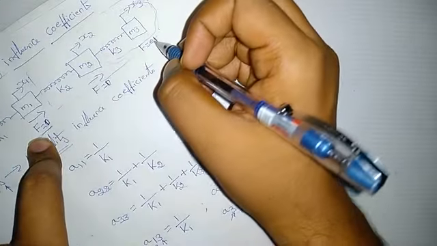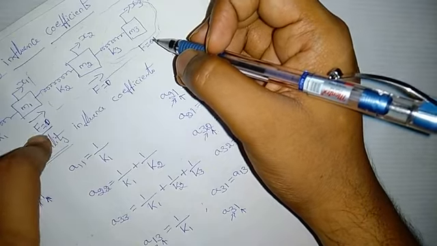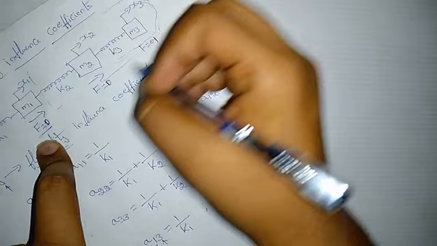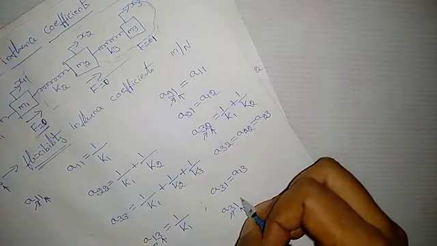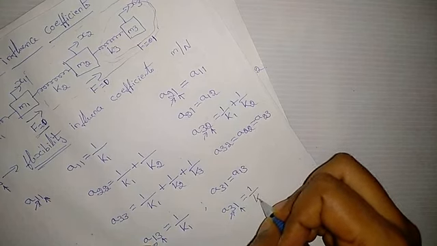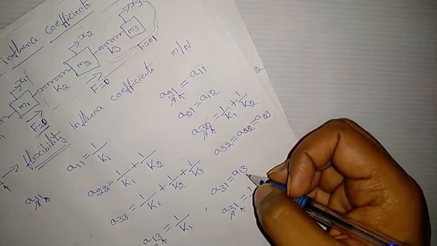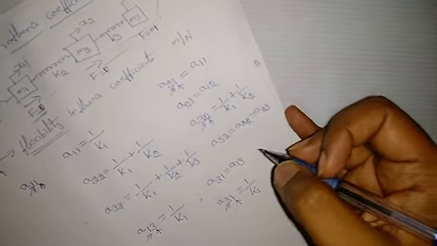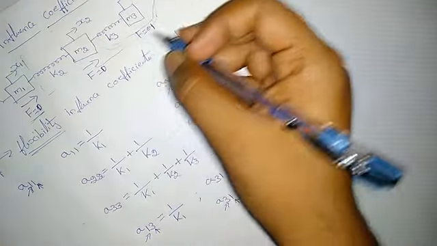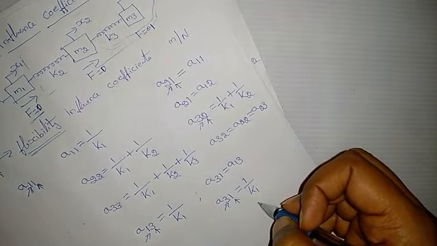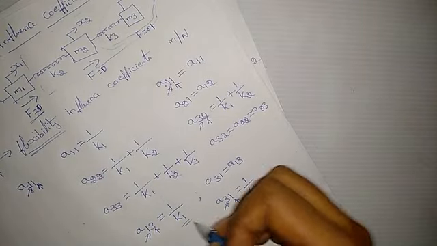The whole thing will be a rigid body motion and only this spring stretches, so it will again be 1 by K1. Either you can write by the Maxwell reciprocal theorem that A13 is equal to A31, or conceptually you can understand that it is equal to 1 by K1.